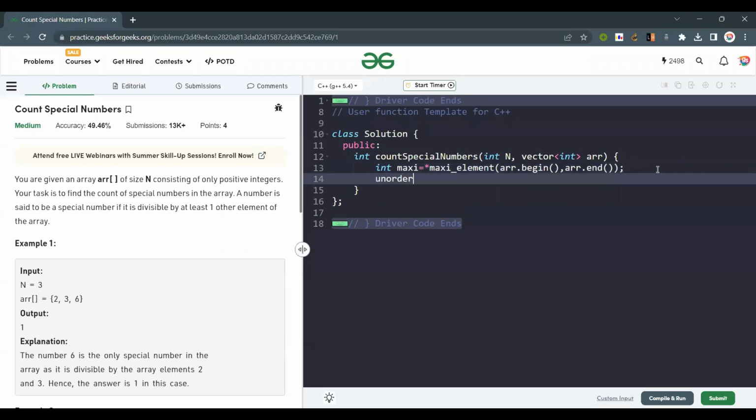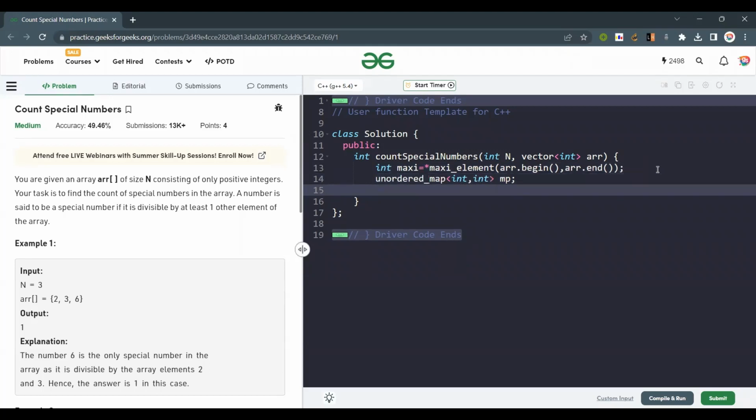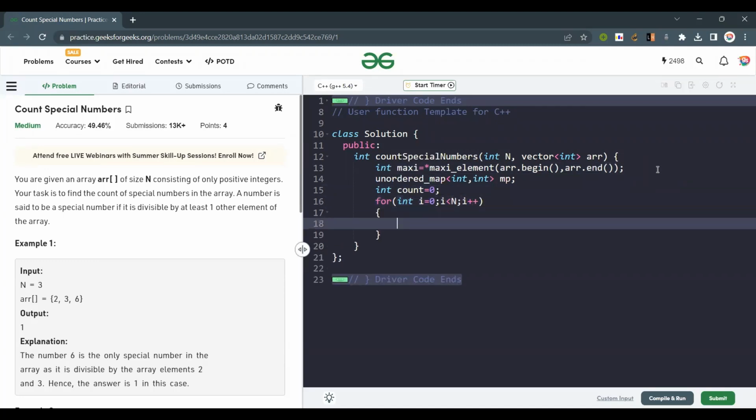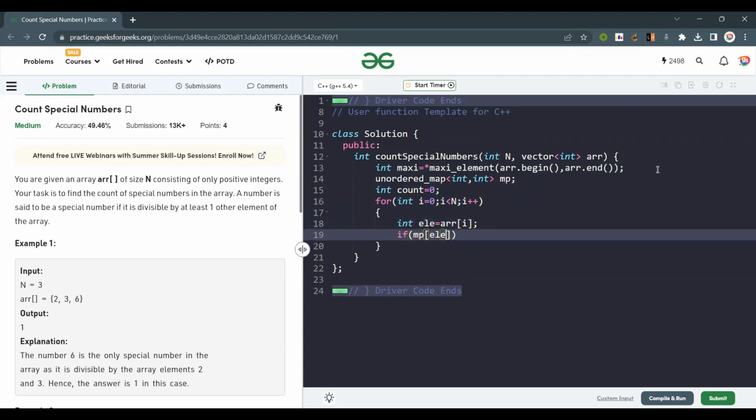Now we will create another map to store the frequencies, another map, mp. And then let's make the count variable 0. Now I will take every element as I was taking, and the element is array of i. Now I will check if mp of element is less than 2.